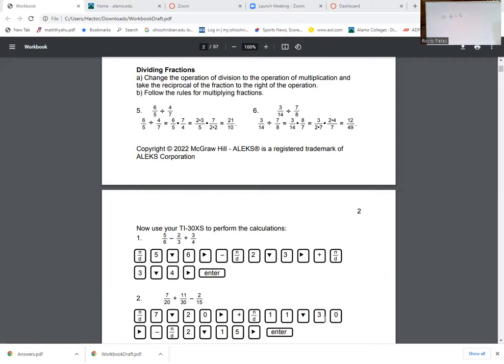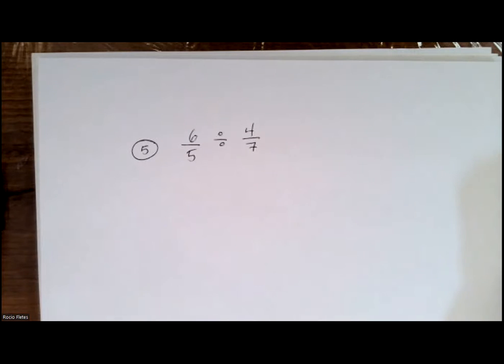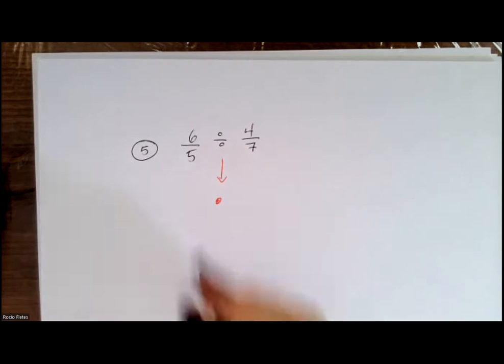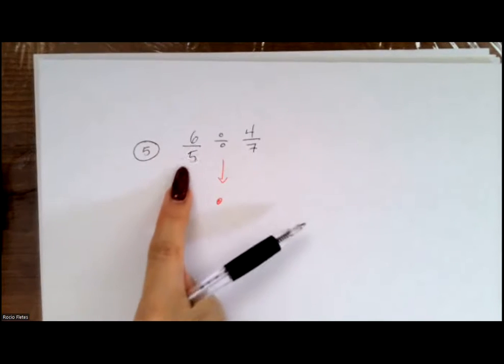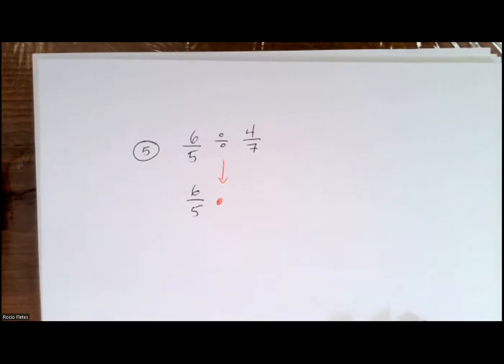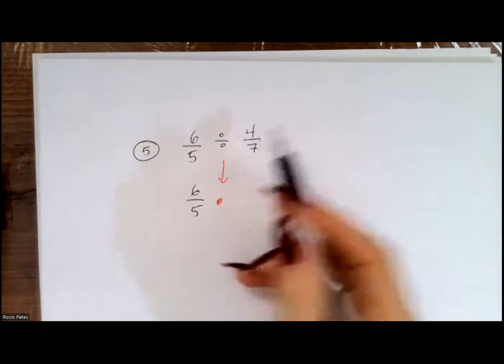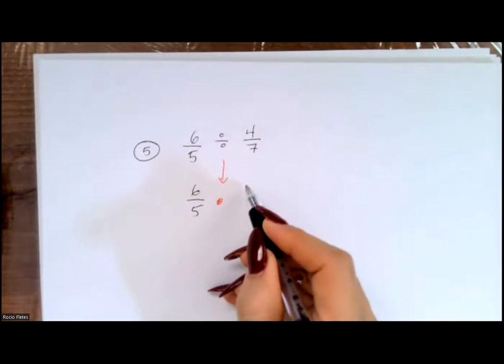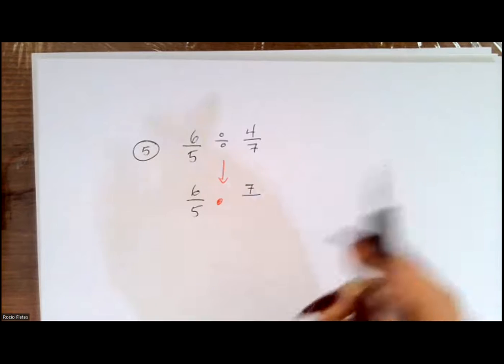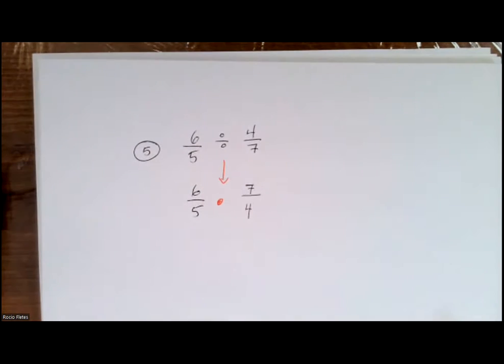Number 5: 6/5 divided by 4/7. Let me stop sharing. This one is a division operation, and this division operation is going to change to multiplication, but how? Well, the first fraction you don't change. You keep it the way it is. So bring that down, 6/5, and the second fraction you're going to invert, meaning you change the numerator and denominator in terms of their position.